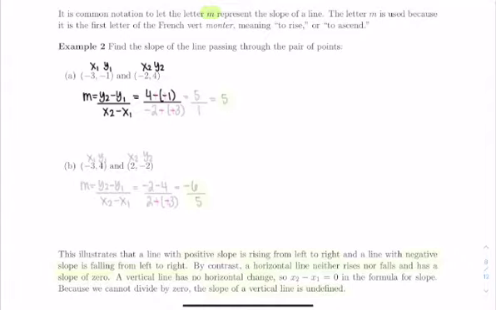And on the bottom, we have -2 as our x2 minus x1, which is -3. In this case, we have double negatives both on the top and the bottom, so we end up with 4 plus 1 and then -2 plus 3. So 4 plus 1 on the top gives me 5, and -2 plus 3 gives me 1. But 5 over 1 is just 5.